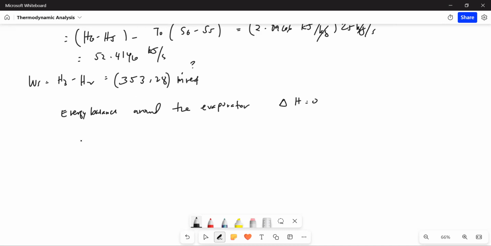So we have the delta H of the refrigerant times the mass flow rate of the refrigerant plus the delta H of the chilled water times the mass flow rate of the chilled water equal to 0.